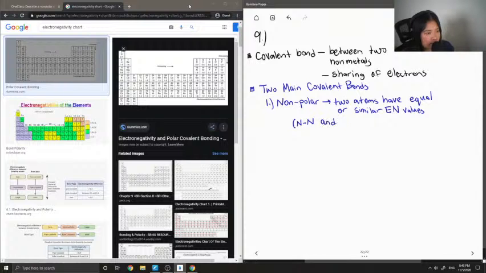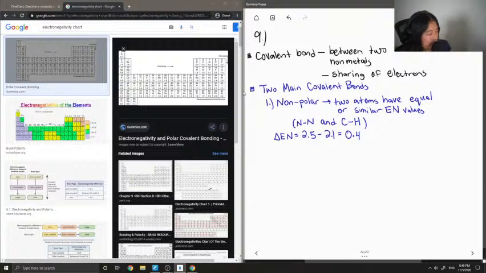But also, let's look at the carbon and hydrogen bond. We can calculate their difference in electronegativity just by using this chart on the left. So the electronegativity of carbon is 2.5, and the electronegativity of hydrogen is 2.1. So therefore, they only have an electronegativity difference of 0.4.